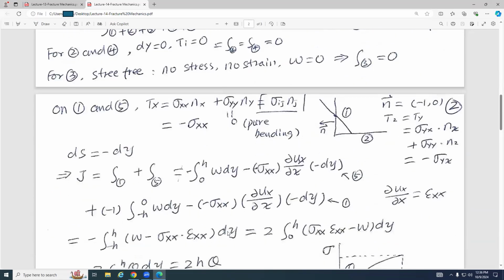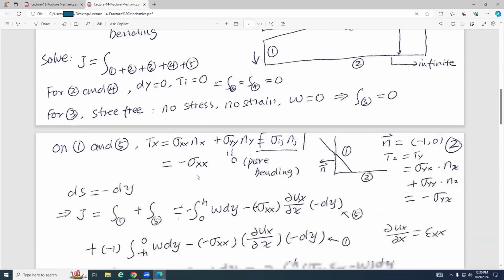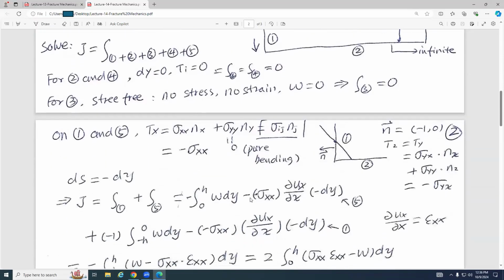Questions? Because dy equals ds for the first segment and fifth segment, we can just simplify this one: Ti dui dy. This is a dy, right? And T2 equals 0, guys. T2 equals Ty, sigma yx equals 0.